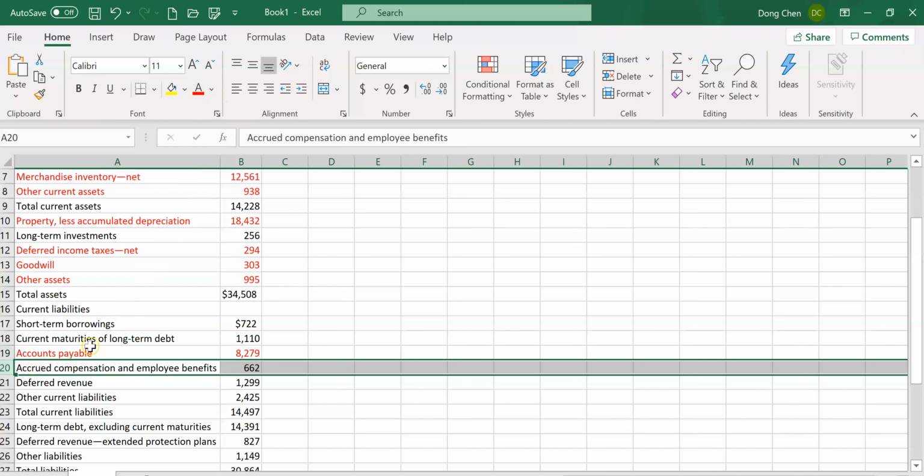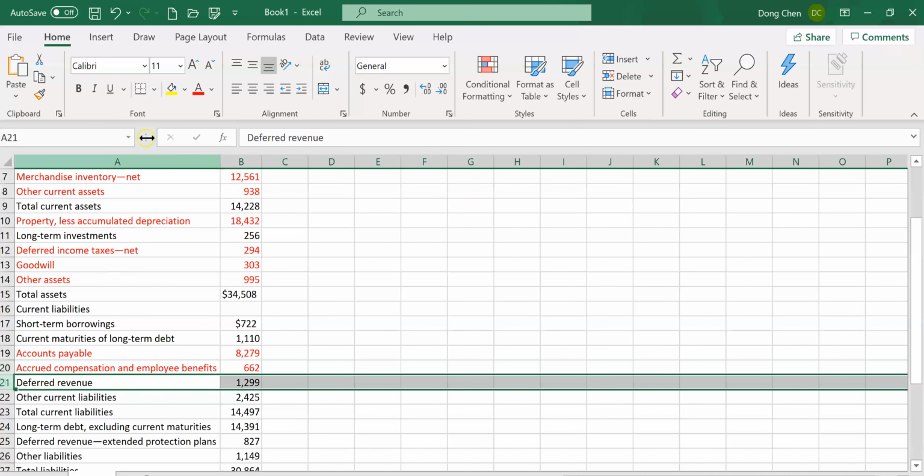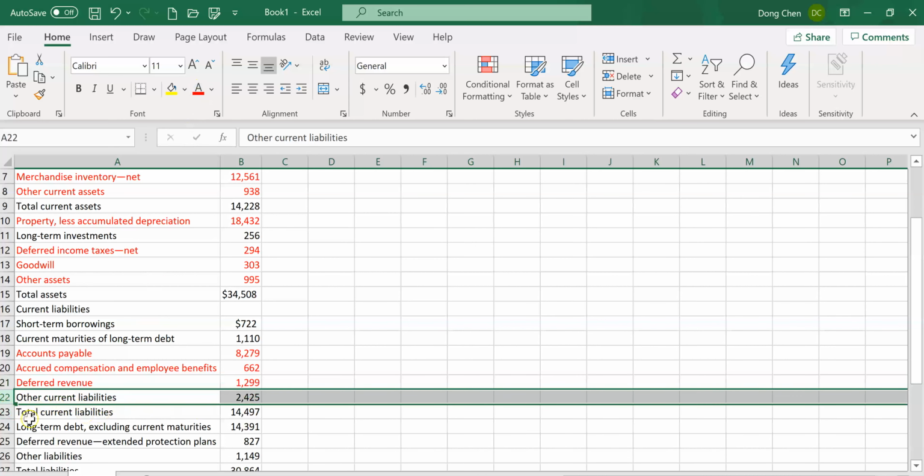And accrued compensation and employee benefits, this is based on the employees, and employees are part of the operations to generate revenues, hence this is also operation related. And deferred revenue, obviously, this is directly attributable to the generation of part of the revenues, so this is also operation related. Other current liabilities, generally, we also categorize this into the operation side.